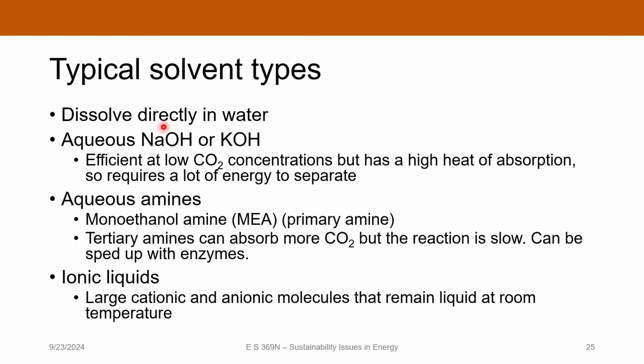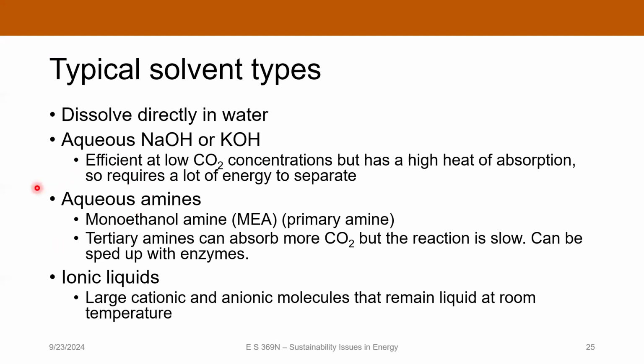Okay, so usually the solvents that we use, they're going to be soluble in water. And so these can include things like sodium or potassium hydroxides. The problem with these is that they have a high heat of absorption. So it's higher to do the separation step when you get to the stripper column. And so typically what's used right now are these aqueous amines.